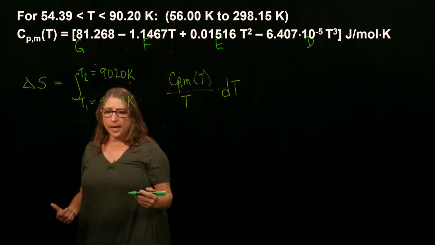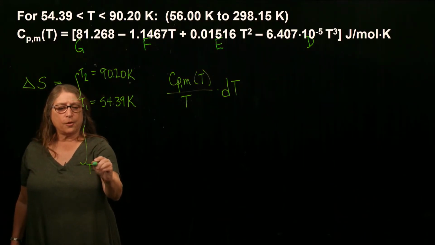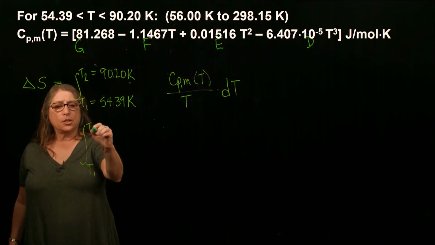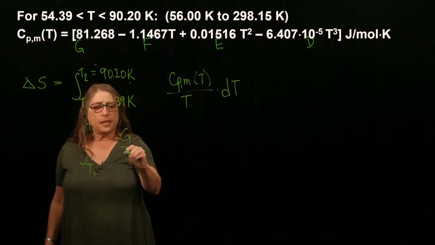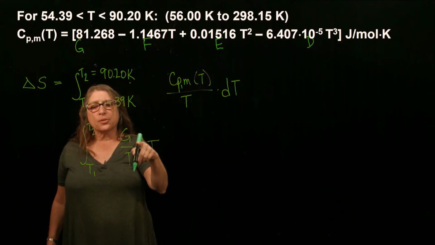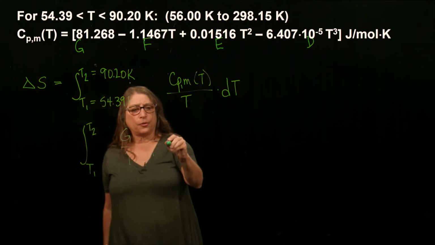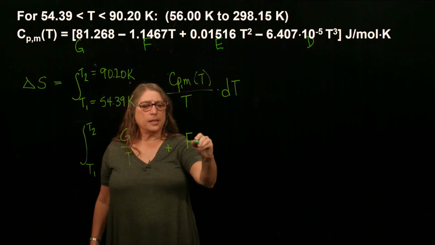I'm going to point out that this becomes integrating from T1 to T2, G divided by T dT. And I know what these numbers are, so I'm going to use the shorthand for a minute, plus F dT.